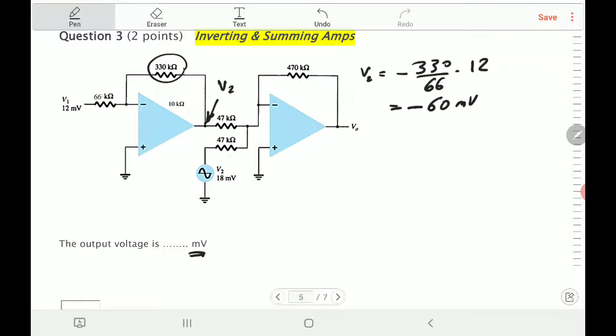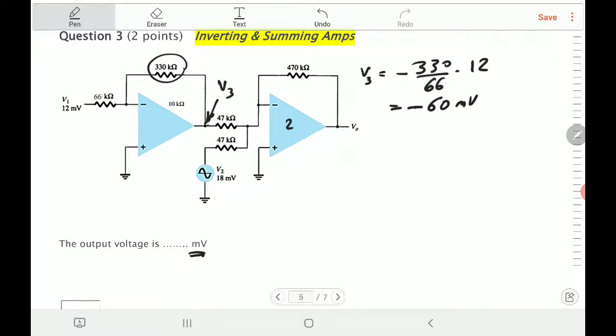Now, look at the second op amp. It's a summing amplifier, so there are two signals. It's V2 and another signal. Oh, that's also V2, I'm sorry. It's better to call this one V3, so as not to confuse you, because we already have V2.